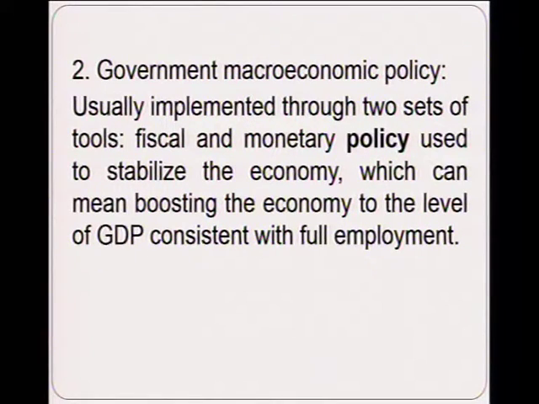The government uses the fiscal policy and the monetary policy to stabilize the economy, which can mean boosting the economy to the level of GDP consistent with full employment. Two tools that the government can use, which form the government's macroeconomic policy, are fiscal policy and monetary policy.